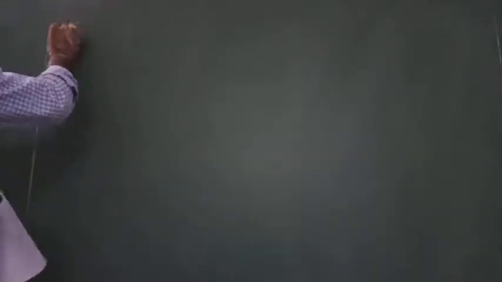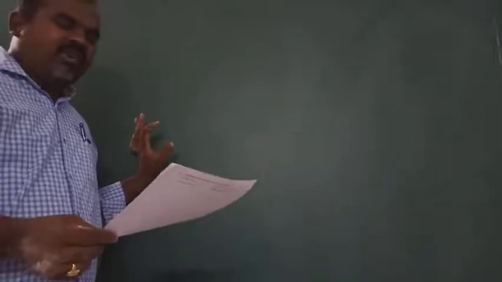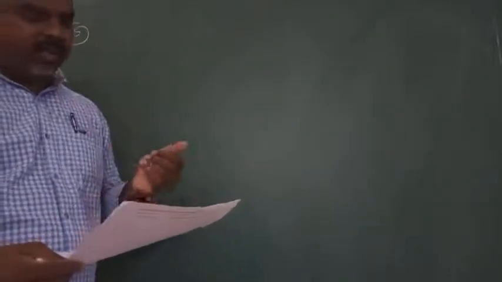Next one, problem number 25. Two circular coils of radius 20 cm and 30 cm, having number of turns 50 and 100, made of the same material, are connected in series.